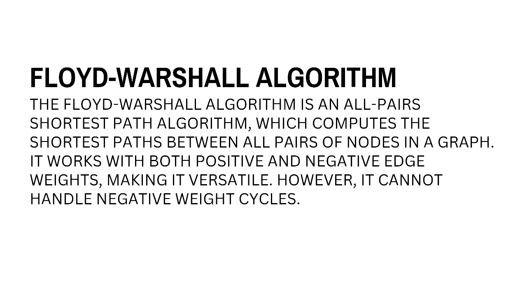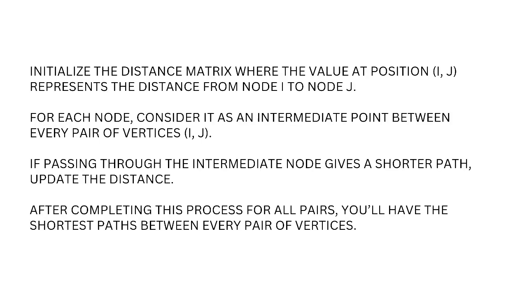Now let's understand the steps. How does it even work? The first thing we do is initialize the distance matrix, where the value at position i, j represents the distance from node i to j. It's basically dynamic programming, which iteratively improves the shortest path between each pair of vertices.